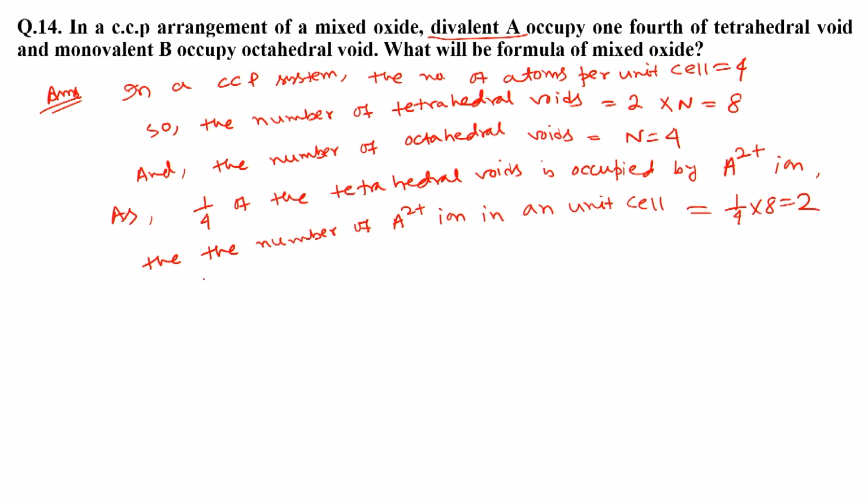Similarly, the octahedral void is occupied by B plus ion.